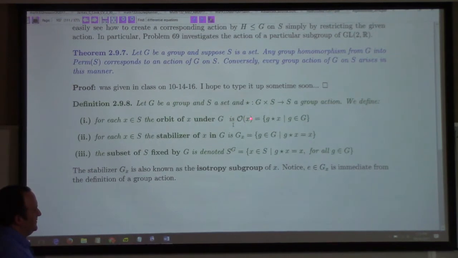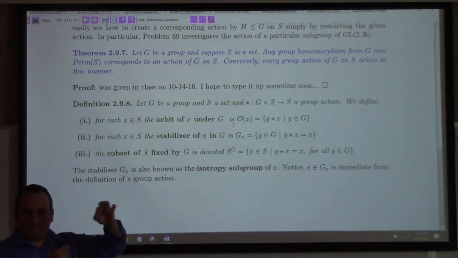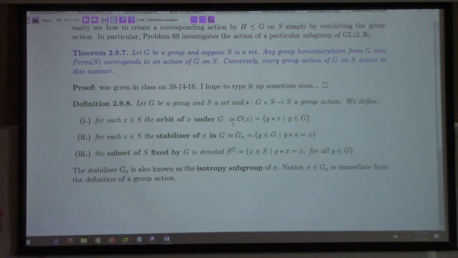This will be the set of all things that the group action moves that point to. Just what it sounds like, right? You start with a point, and you let the group act on it. Wherever the point goes to, that's your orbit. Very natural. There's also a stabilizer. The stabilizer of X is the set of all group elements which fix that point.